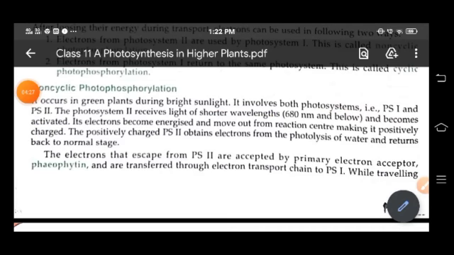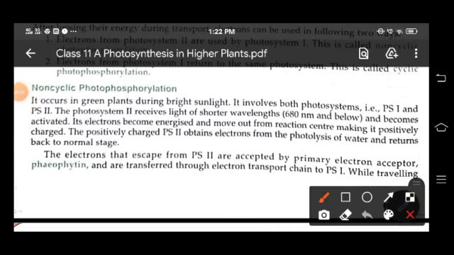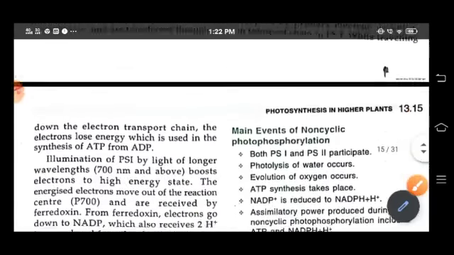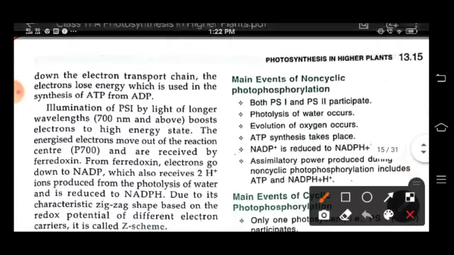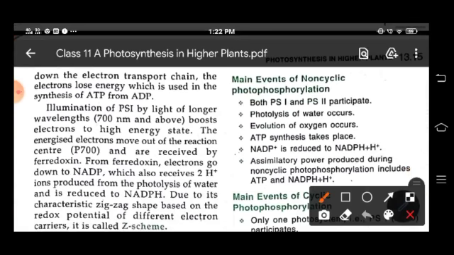Now the electrons that escape from photosystem 2 are accepted by the primary electron acceptor pheophytin and transferred through the electron transport chain to photosystem 1. While traveling down the electron transport chain, the electrons lose energy which is used in the synthesis of ATP from ADP.